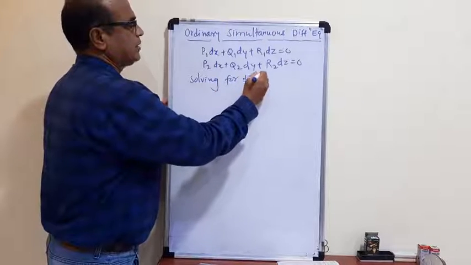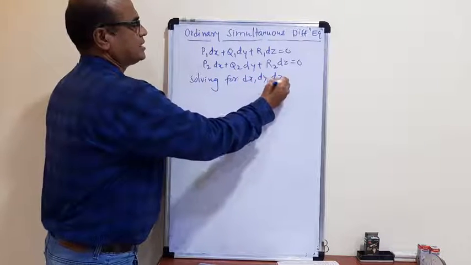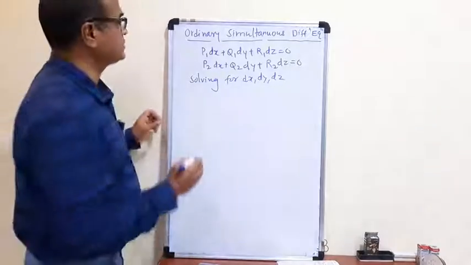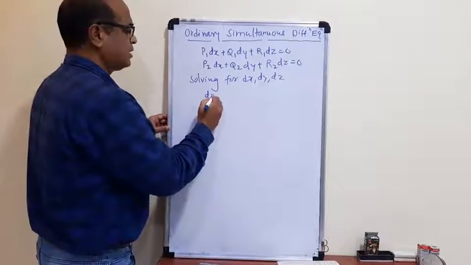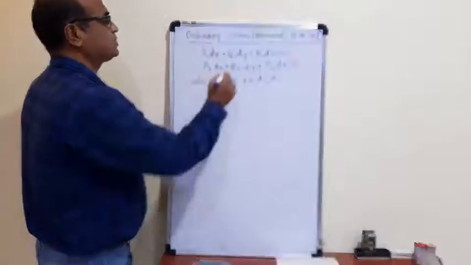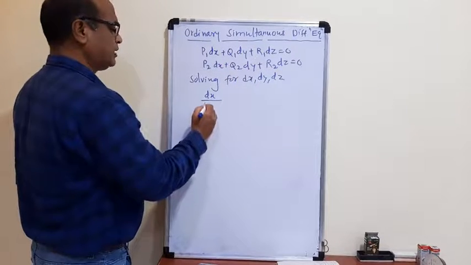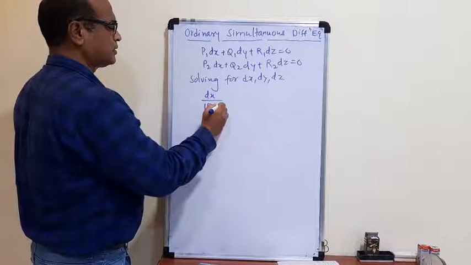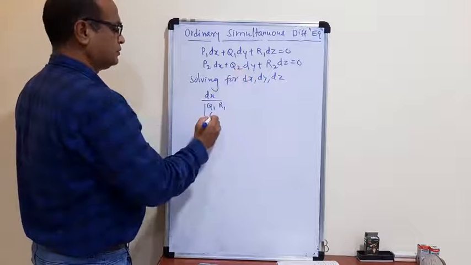So what is dx upon what? That is the determinant q1 r1, q2 r2.